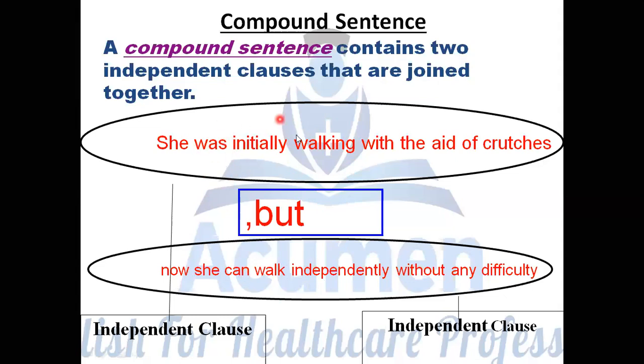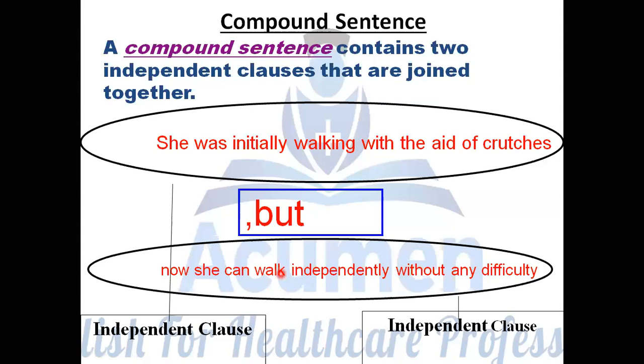Here she was initially walking. This is past tense. And she can walk. This is present. So if one sentence is in past tense and one is in present tense, I can't connect the next sentence as a dependent sentence. Therefore, I need to connect it as a complete independent sentence.